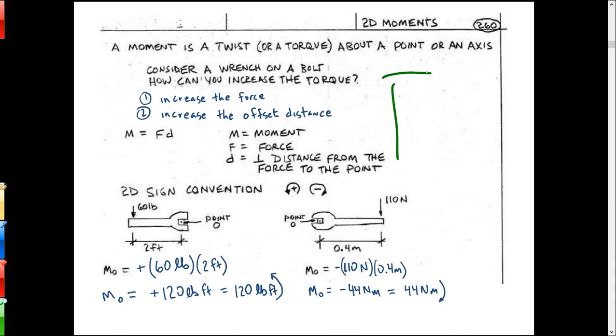They'll actually hold their paper where they've made their sketch, put their finger right there at the point about which they're taking moments, and then they'll push the paper in the way of the force, and whichever way the paper rotates, that's the sign they'll assign it, okay? So that would be negative, okay? So whatever it takes to develop this idea, you can do it, okay? So counterclockwise, positive, clockwise, negative, okay?